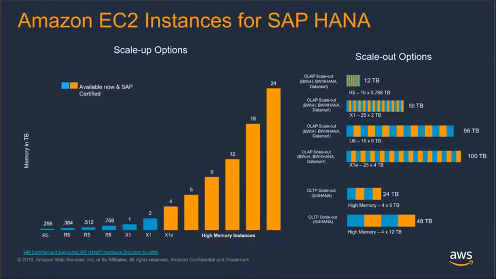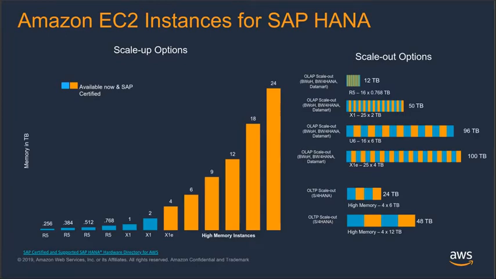Let me just go back quickly and cover EC2 instances. Importantly here, all of AWS's SAP instances are certified with SAP, okay? We've been doing this for a long time, and since 2008, we've been running certified SAP workloads on AWS.